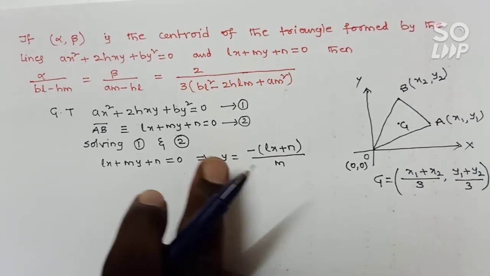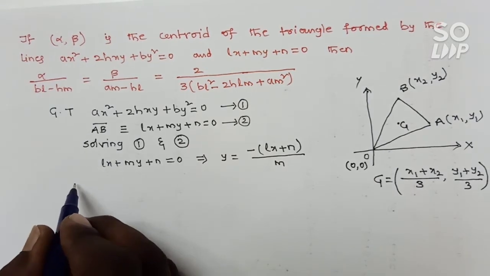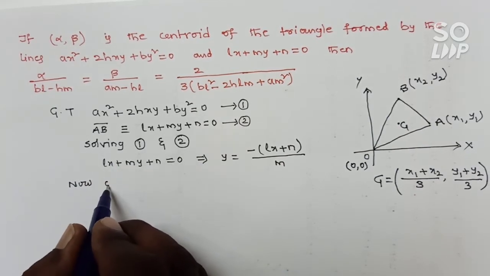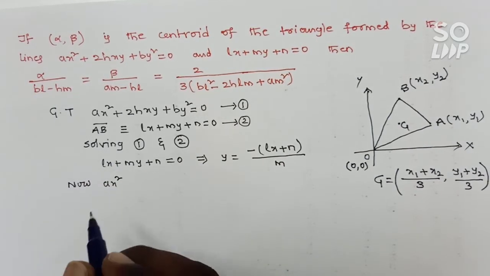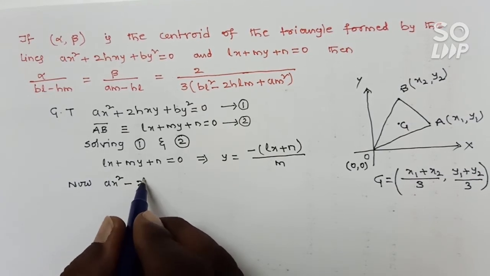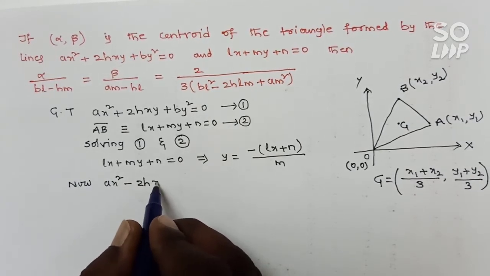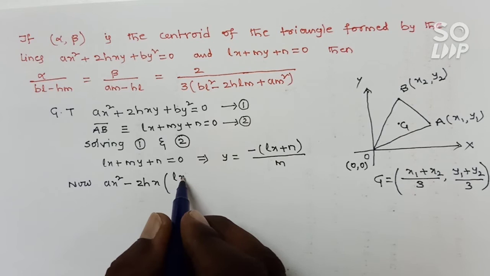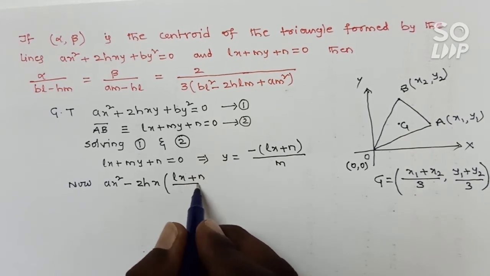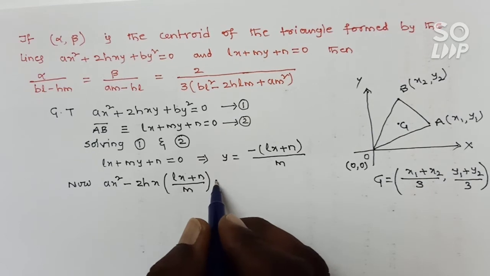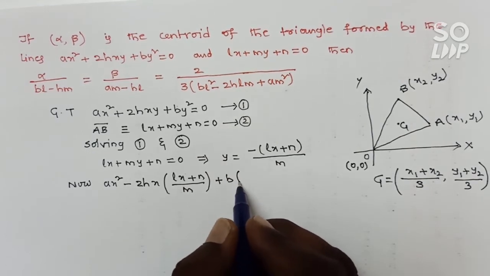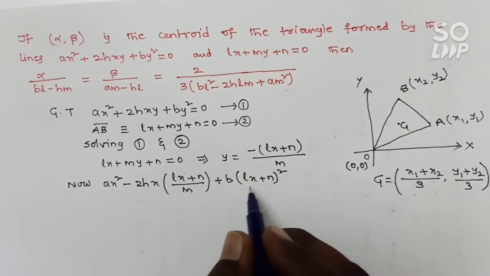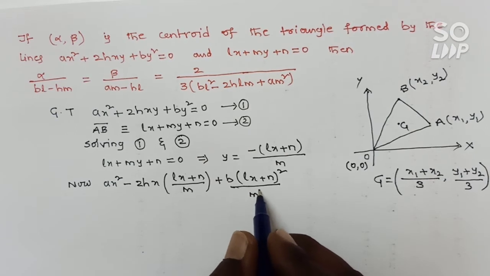Now you substitute this y value in equation 1: a x square minus 2h into x into (L x plus n) divided by m, plus b into (Lx plus n) whole square divided by m square equals 0.